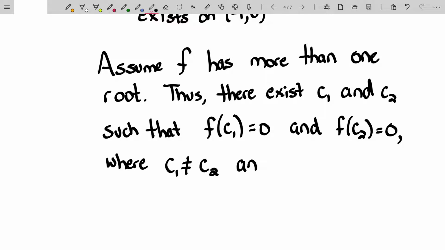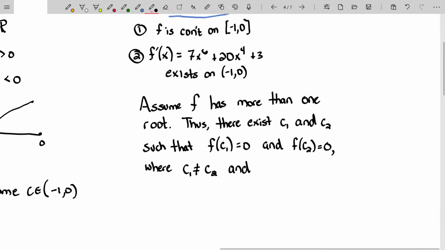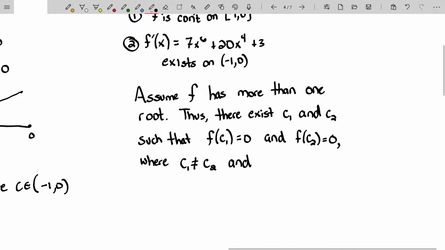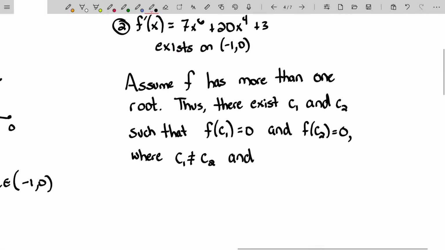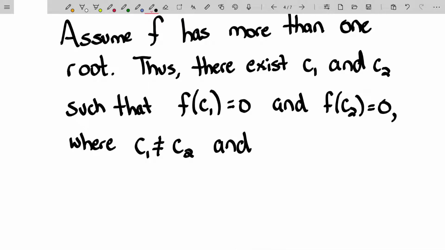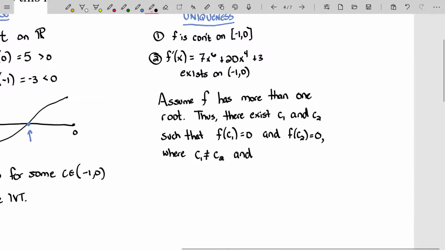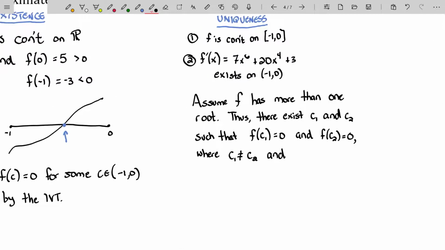And because we were technically working on this closed interval, we're just going to say that C1 and C2 are in the interval from -1 to 0. Although they don't have to be, because the reality is our function is continuous on all real numbers and differentiable on all real numbers. So you could technically use this argument for all real numbers as well.